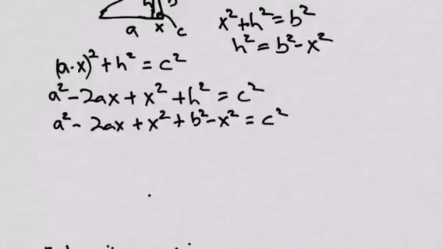Now you can see my x squareds cancel. I'm going to reorder the terms so that I put my a squared first, my b squared second, my negative 2ax, and this x squared cancels with that negative x squared. So now we have a squared plus b squared minus 2ax equals c squared.